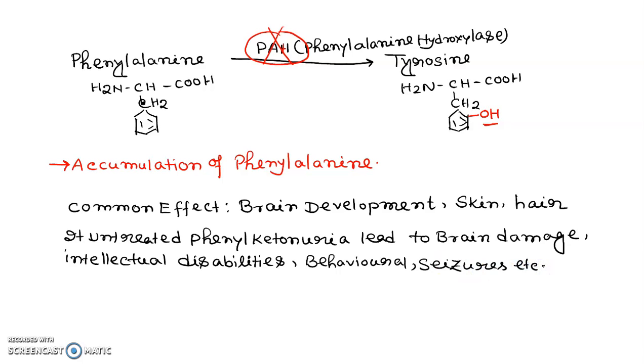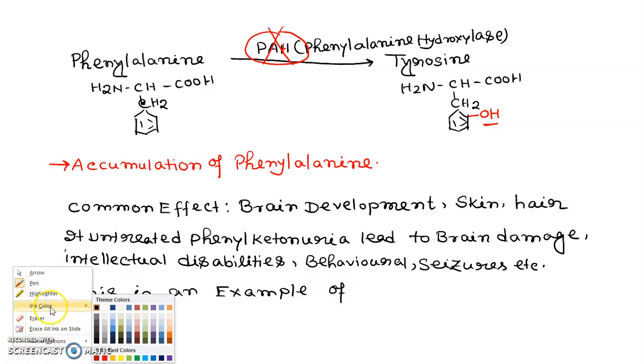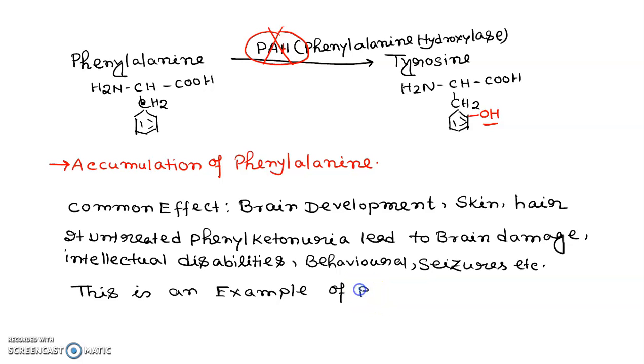So multiple organs are affected. This is an example of pleiotropism, an example of the pleiotropic effect.